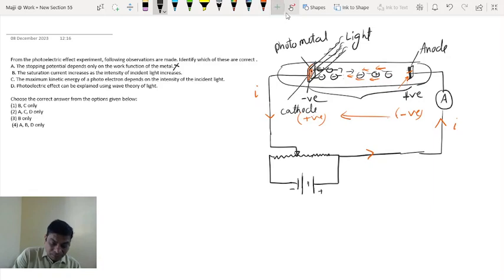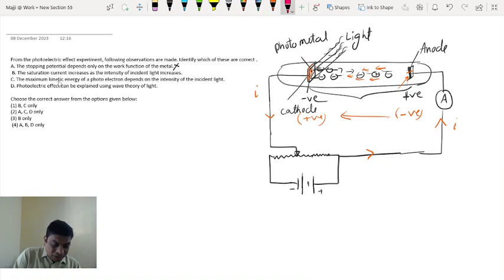Then coming to the next option, the saturation current increases as the intensity of light increases. Now, what is saturation current?